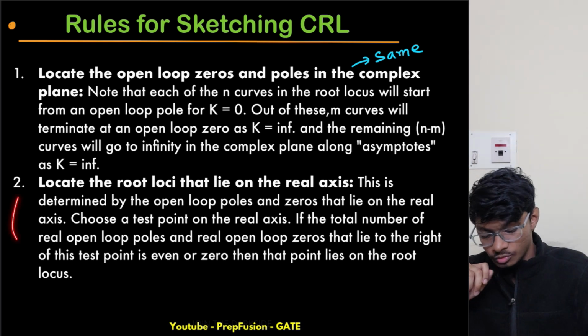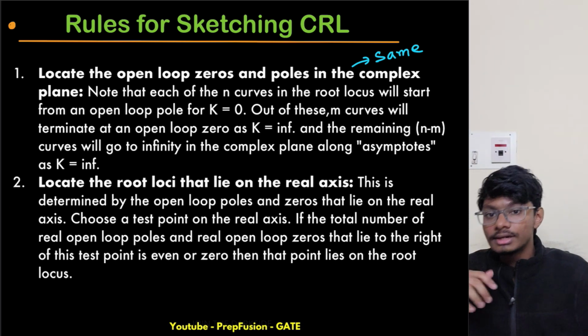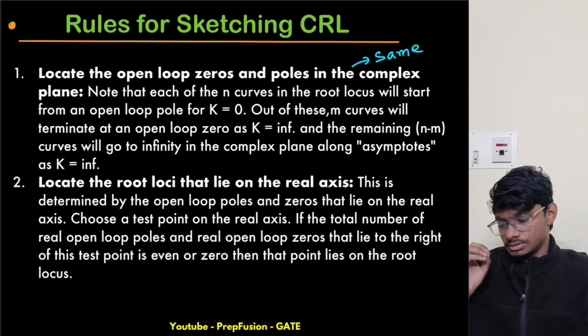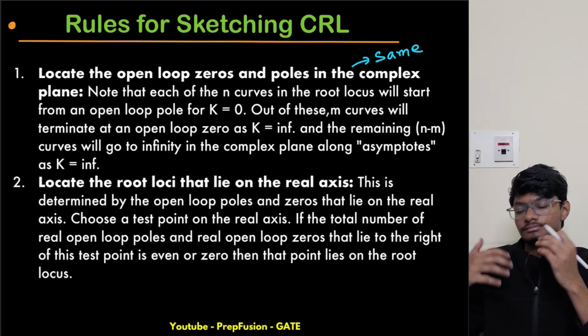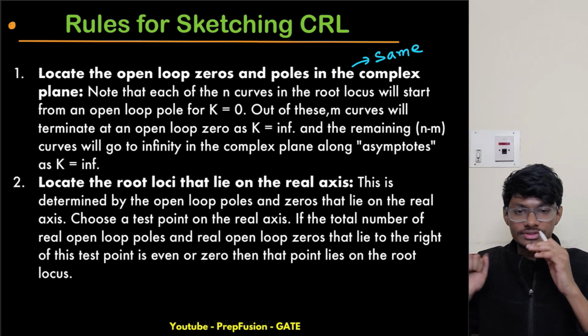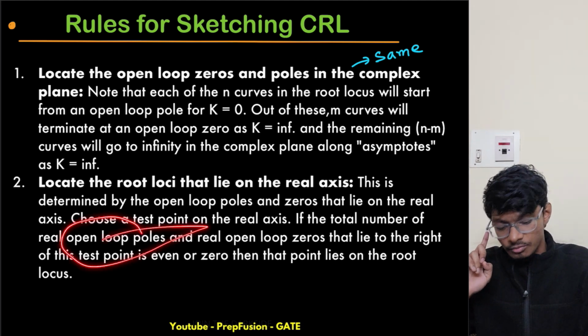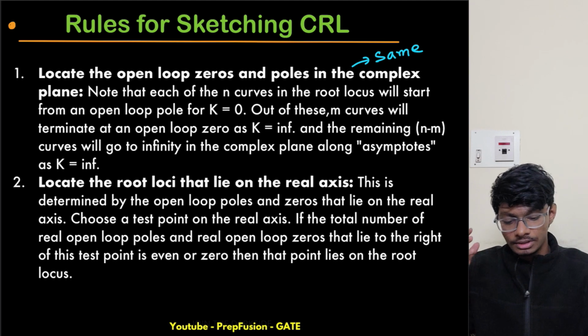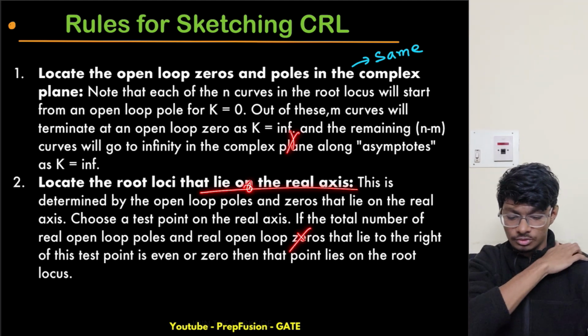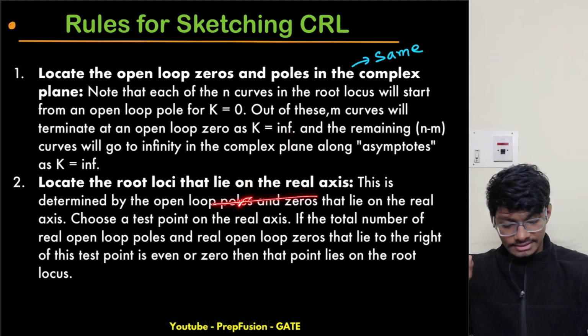Now will this rule change? What method did you use to prove this rule? We used the angle condition. I hope you remember we proved that due to complex poles, the angle won't matter because they cancel out on the real axis, and only the poles on the real axis will matter.